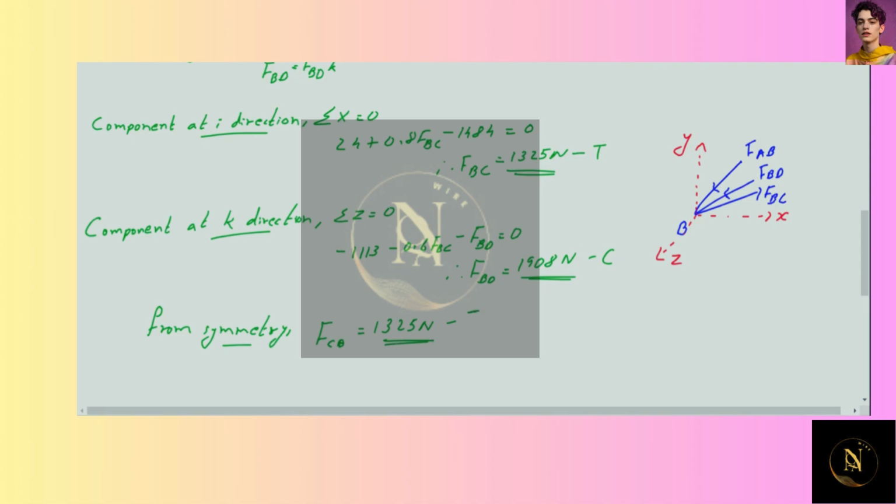So we got this value here. From symmetry, this will be equal to FCD. I hope you understood the problem. Thank you.